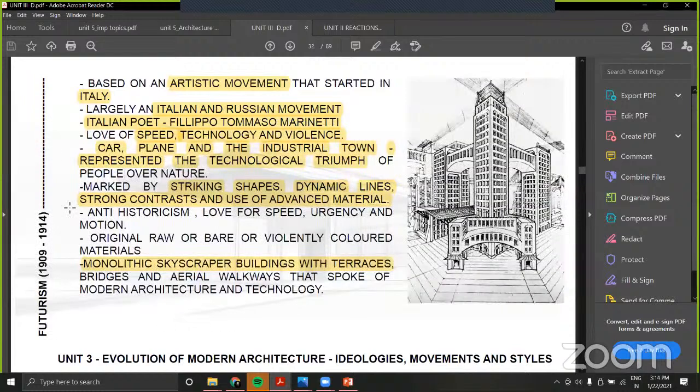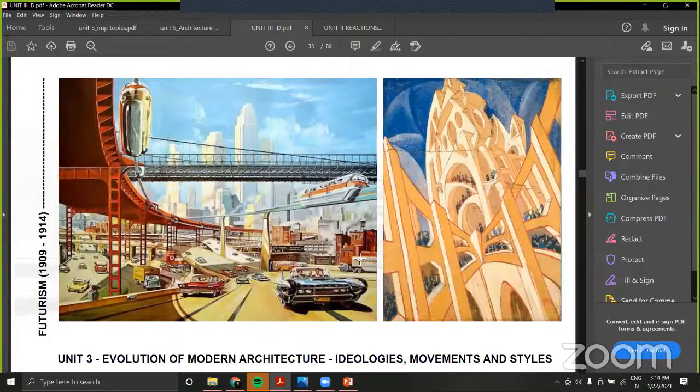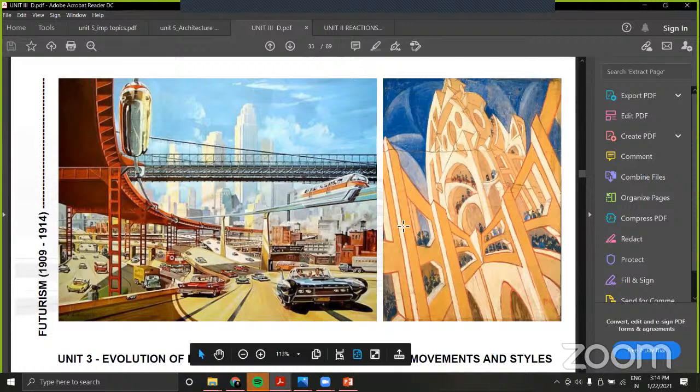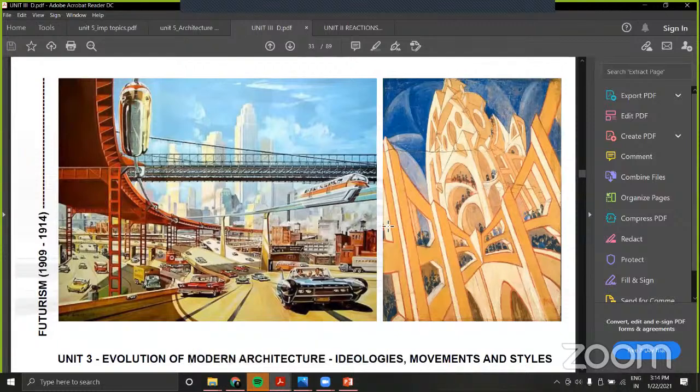Since I said they didn't build most of the buildings, they designed and planned according to their ideas. These designs were more futuristic than the technologies they had in that period, so they weren't able to construct those things.